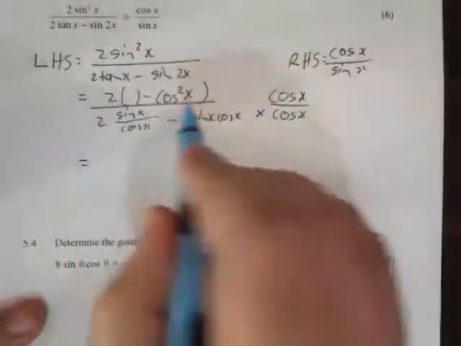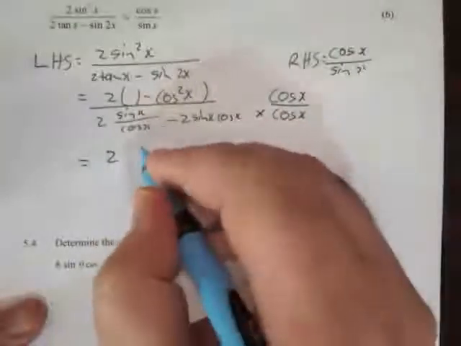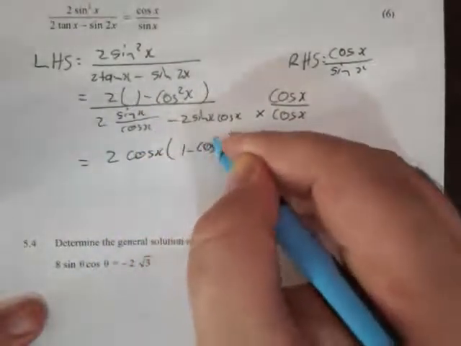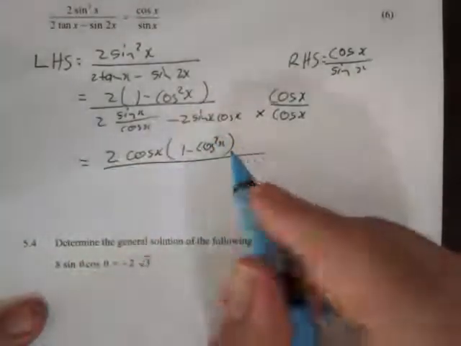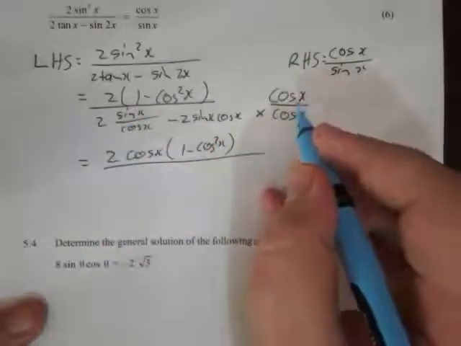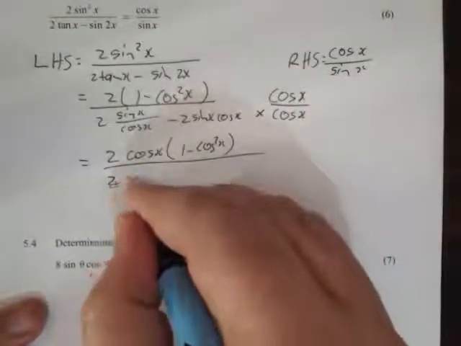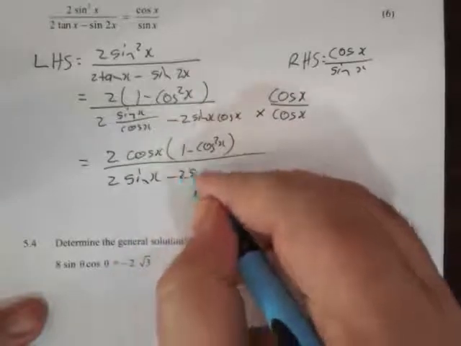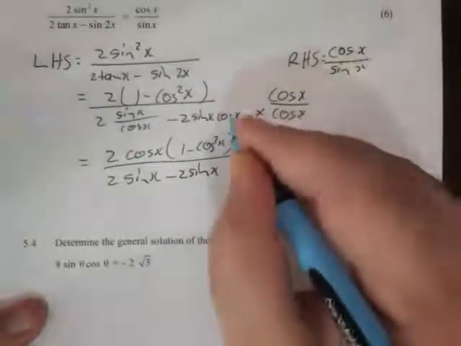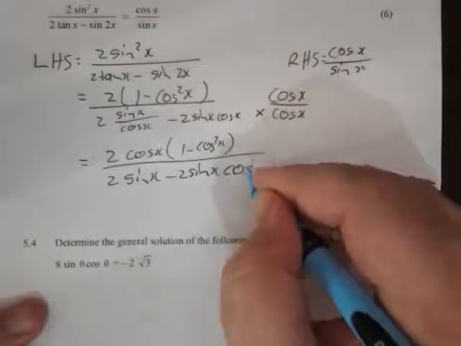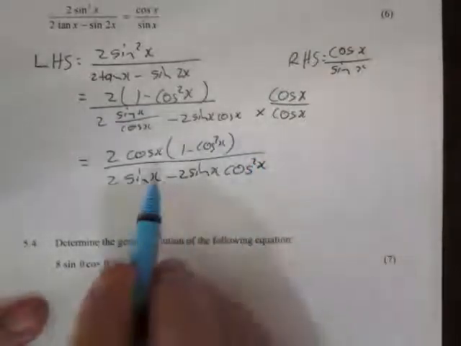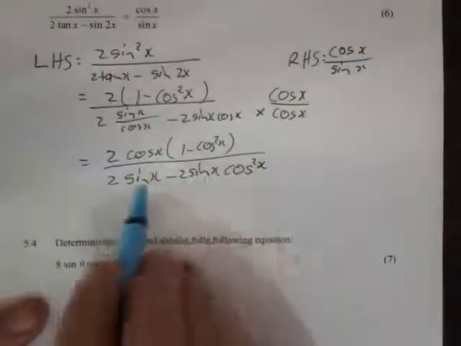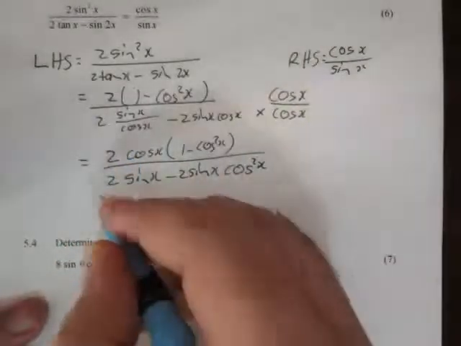And that will become 2 cos x times 1 minus cos squared x over. And the cos x will cancel that. So it's going to be 2 sine x minus 2 sine x, and cos x times cos x is cos squared x. So we're starting to see cos x in the numerator, sine x is a common factor, so we're getting closer.